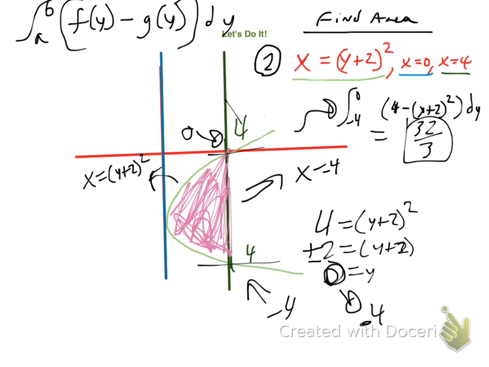And that would be your answer. And so this is the area in between these curves. And it's as simple as that for horizontal slicing. Sometimes you do horizontal slicing, sometimes you do vertical slicing, whatever is best at that given moment. Okay, there you go.